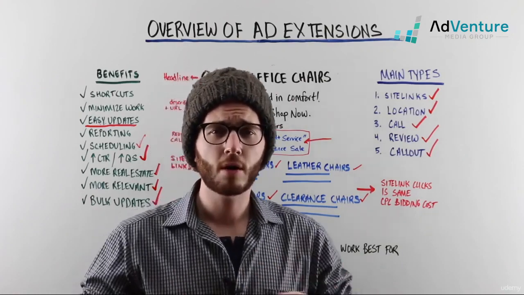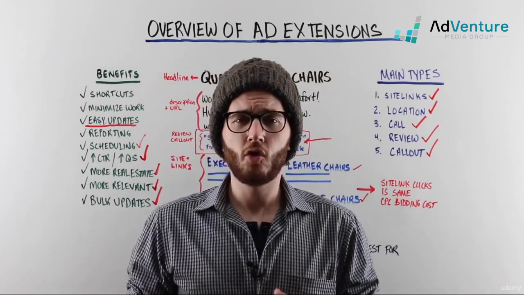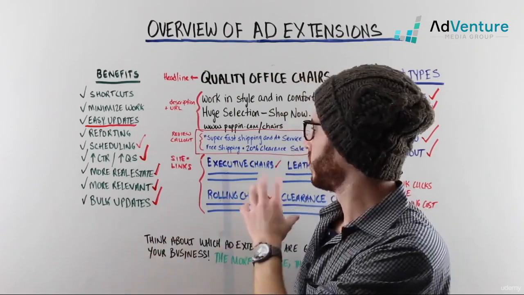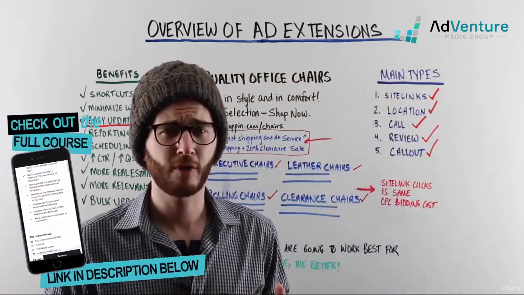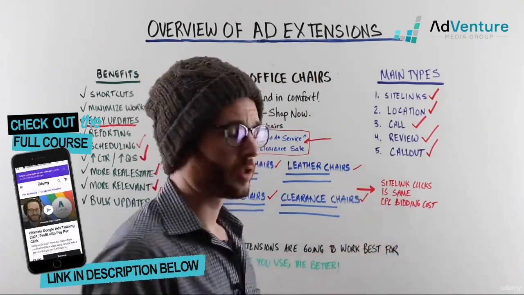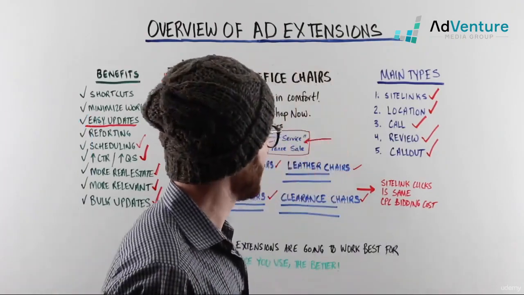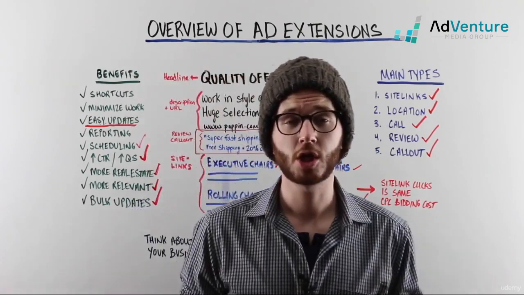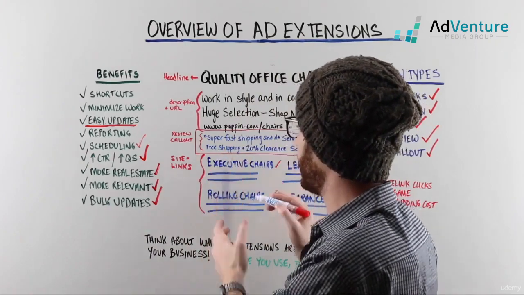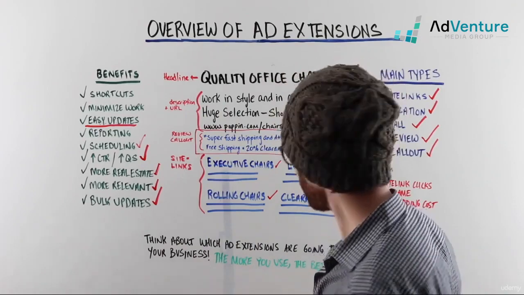So those are kind of broader global assets that your company offers that you want to highlight above and beyond the specific features and benefits of the ad itself. So keep that in mind. Callout extensions are very powerful. They're not clickable. It's just a piece of text, but it really allows you to give that extra push and take up a little bit more real estate on the screen as well. And callout extensions could be used in conjunction with sitelink extensions. So not only could you have your headline, your descriptions, your URL, and sitelink extensions, you could also have a callout extension in addition to that.